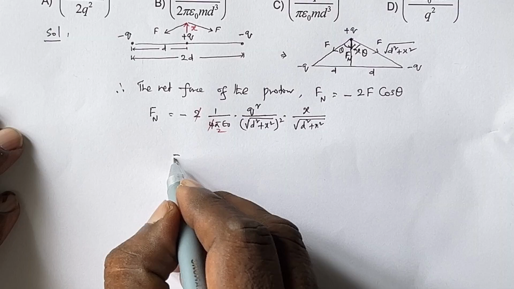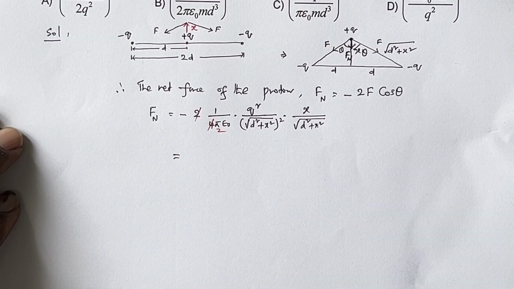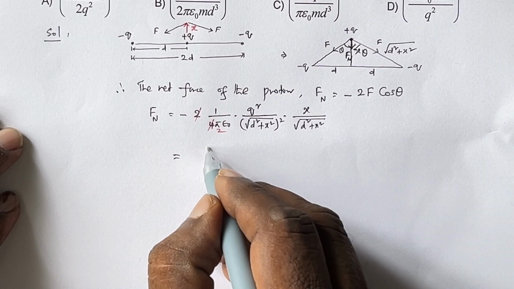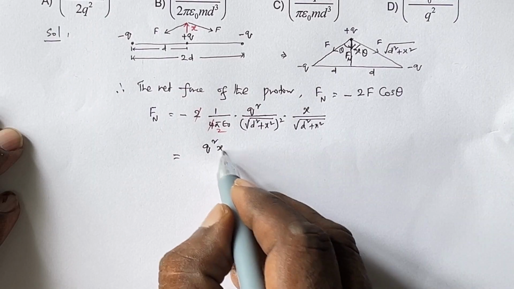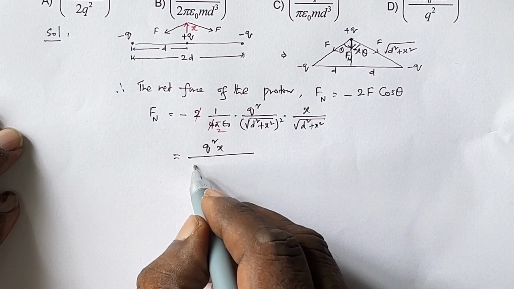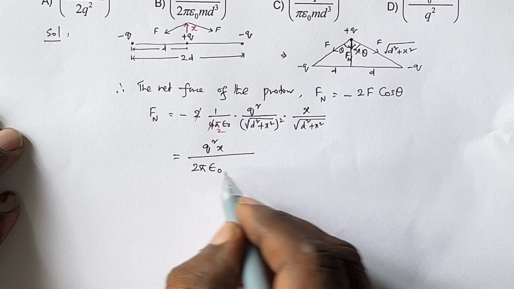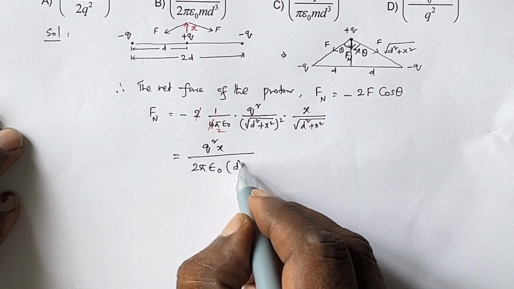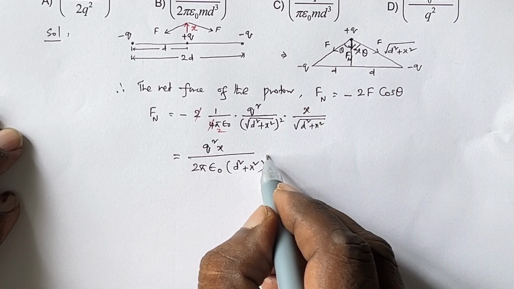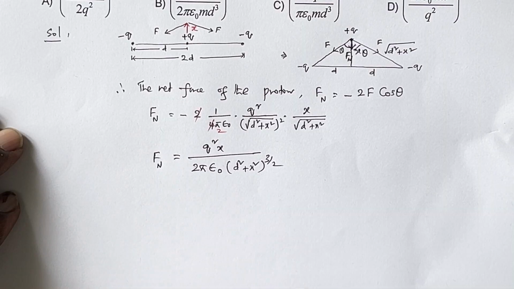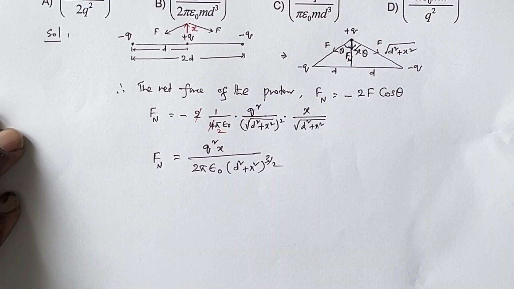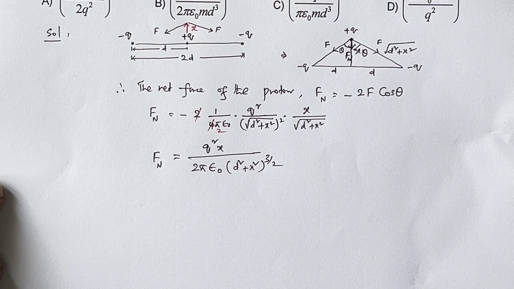So net force is equal to q square x by 2 pi epsilon naught, (d square plus x square) whole power 3 by 2. Here in the problem, the mass of the charged particle is given as small m.